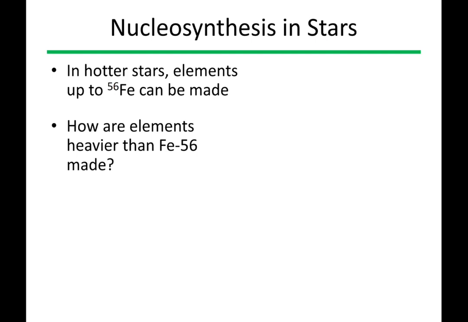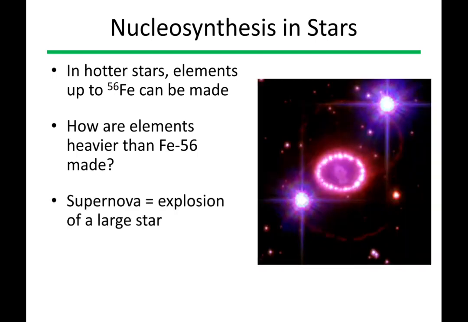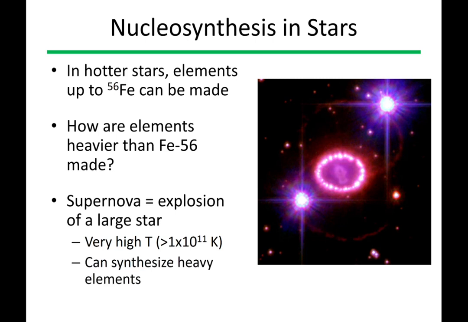There's a few examples of these, but one example would be something like a supernova. This is when a very large star explodes. These have very high energies, so temperatures end up being about 1 times 10^11 Kelvin or even hotter. This is high enough energy that you can get even heavier particles colliding and making these heavy elements.